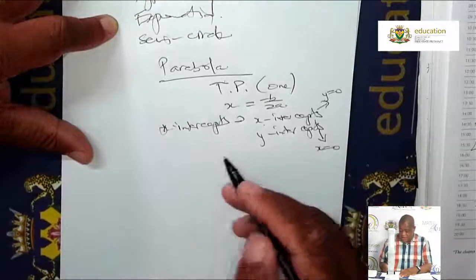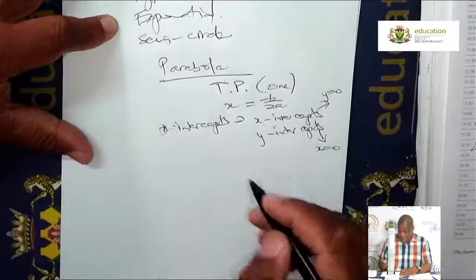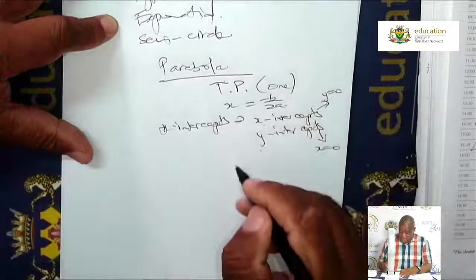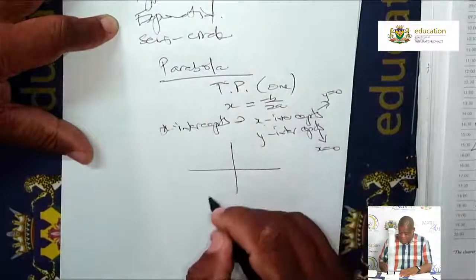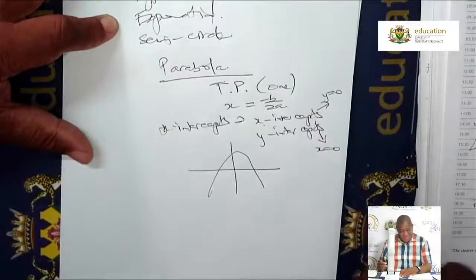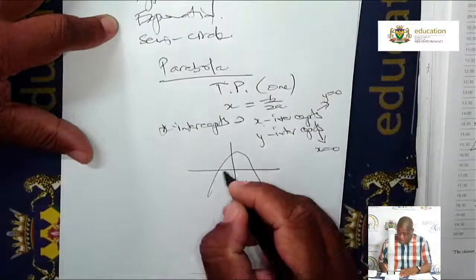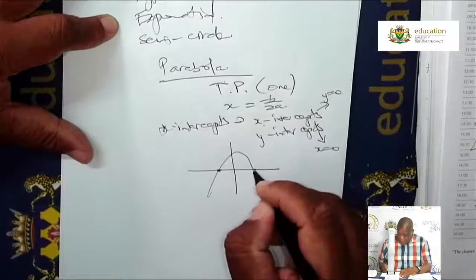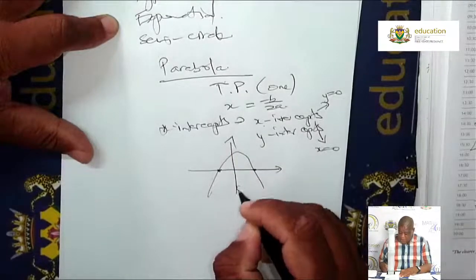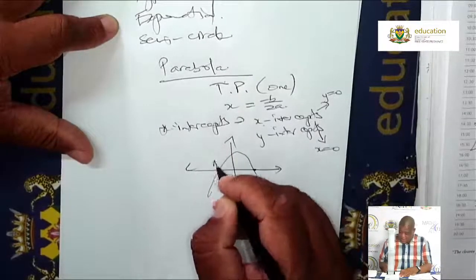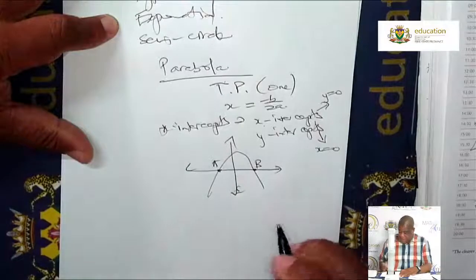Indeed, we know that sometimes the graph of that parabola can be drawn. And once the graph is drawn, when we look at your graph, we say, oh, this point and that point, because they are on the x-axis, it's A there, it's B there.